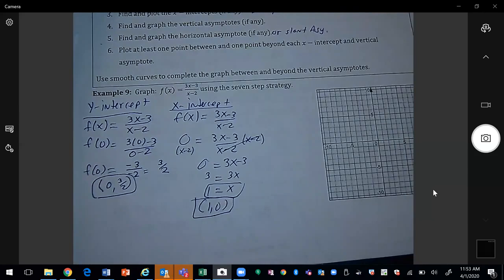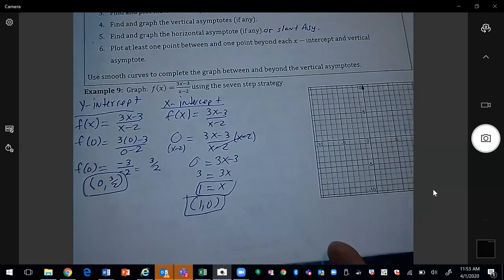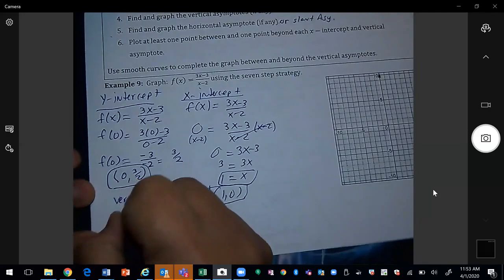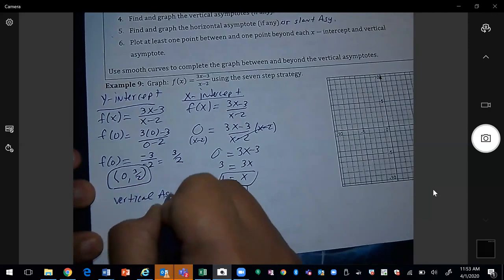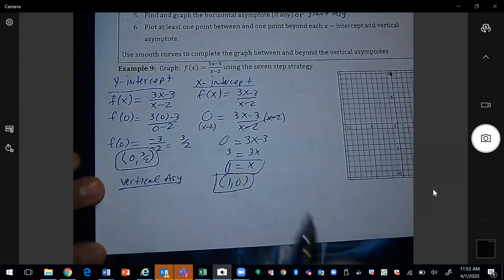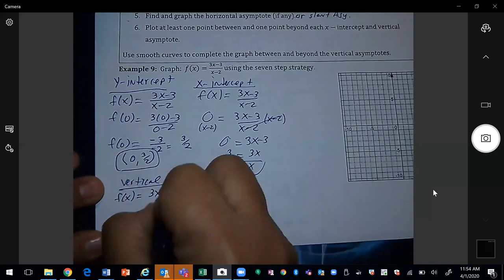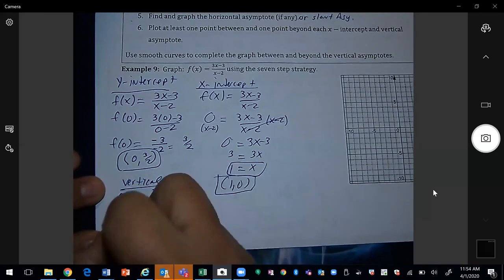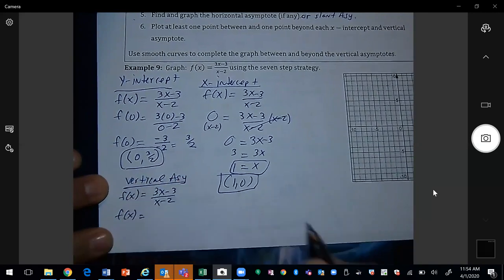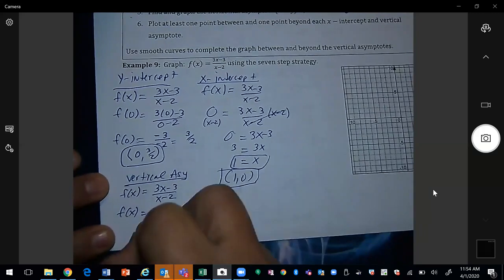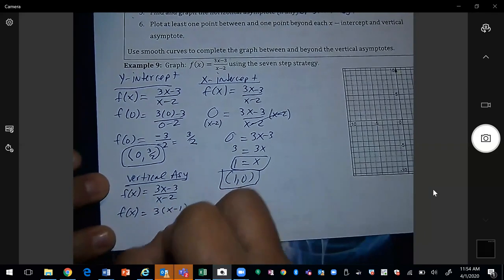Then we need to find the asymptotes. So let me check for the vertical asymptotes. So here the function is, okay, so remember, to find the vertical asymptotes, it's important that you factor if you're able to.